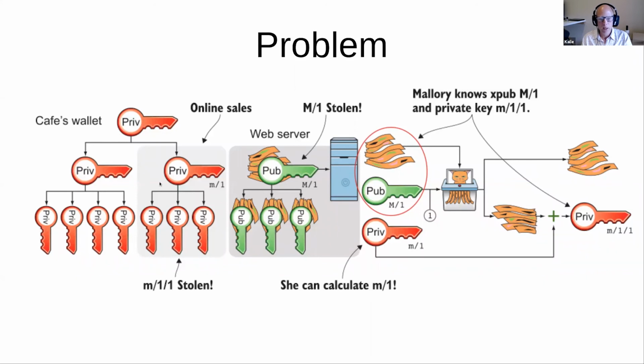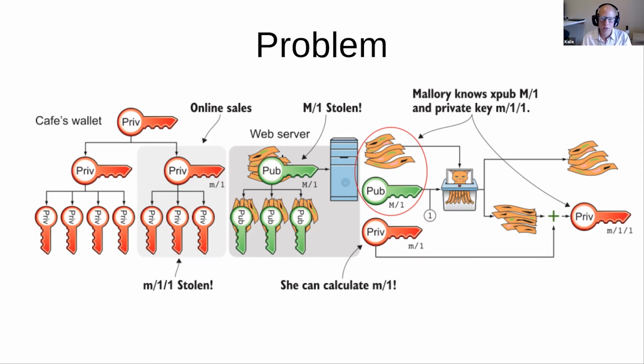You take this private key here for the online sales account, you take this extended private key and you derive its public counterpart, which is just taking the public key for this private key and combining it with this chain code. So you have this chain code and public key. The chain code is the same as the chain code over here, but you use the public key instead of the private key.